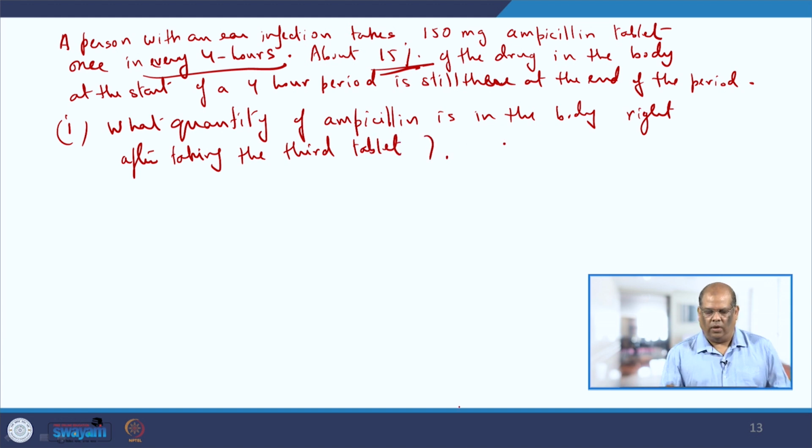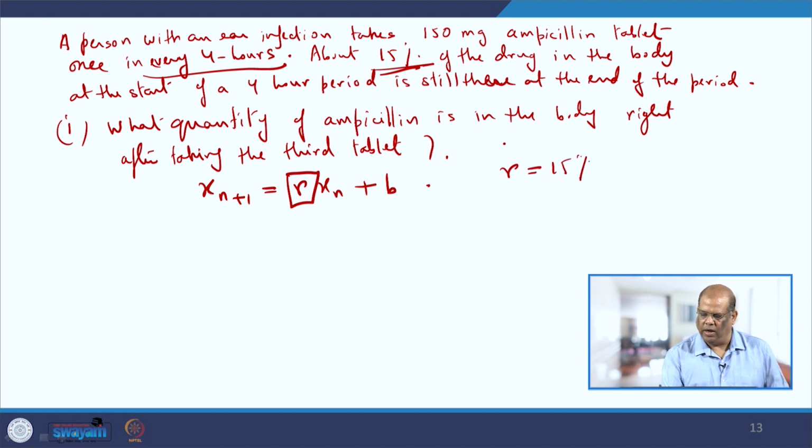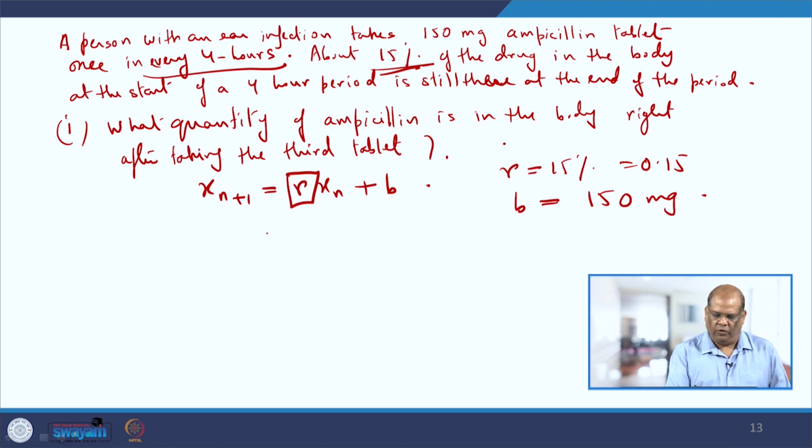So, as we have modeled this before, the model equation is xn plus 1 is Rxn plus B. So, R is the amount of drug which is present in the body. In this particular case, R is 15%, which is 0.15, and the dose every 4 hours is 150 mg. And we have shown that this is equal to B times 1 minus R to the power n plus 1 divided by 1 minus R.